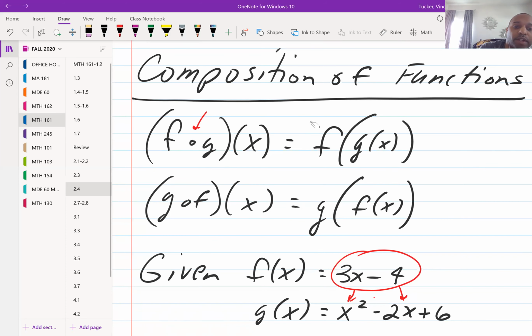So that little circle right here, you would see in your notation, and that just means composition of functions. Make sure you're careful with your order, because the one that comes second gets plugged into the one that came first. So f of g of x is not going to give you the same thing as g of f of x.